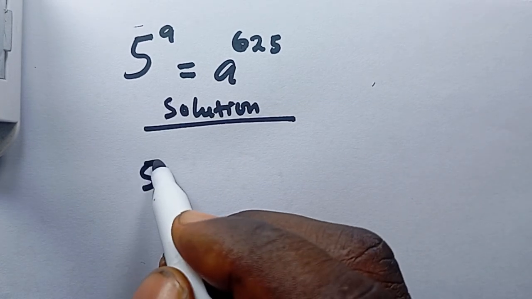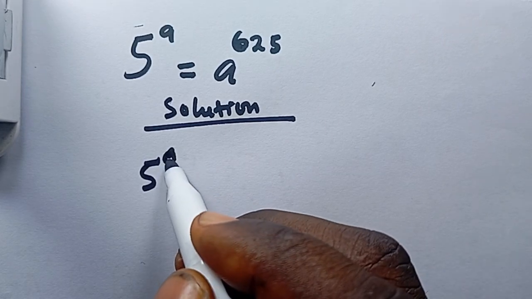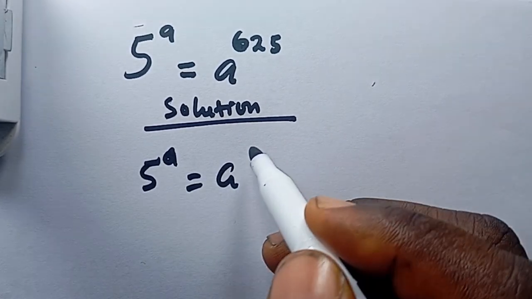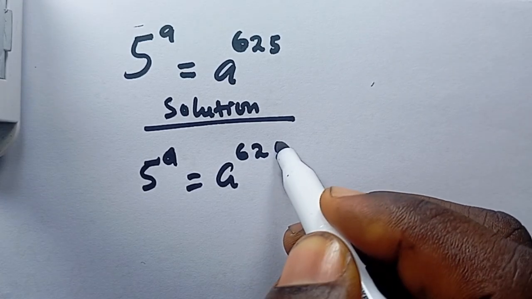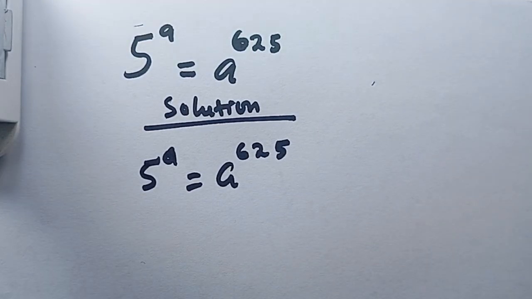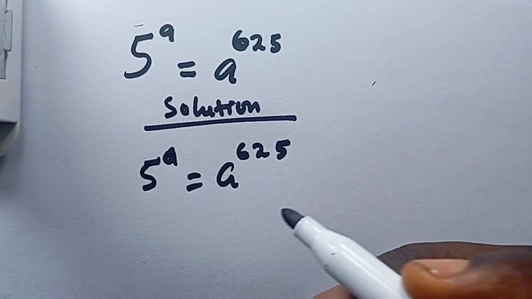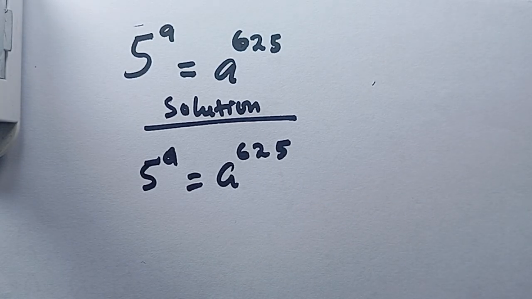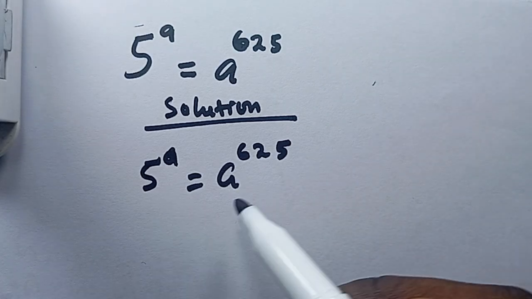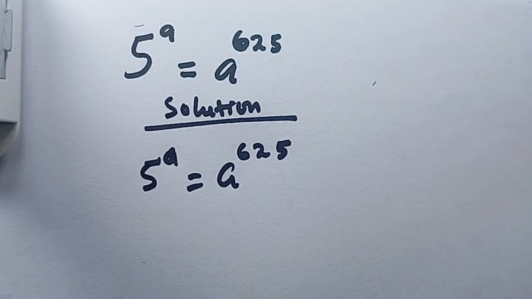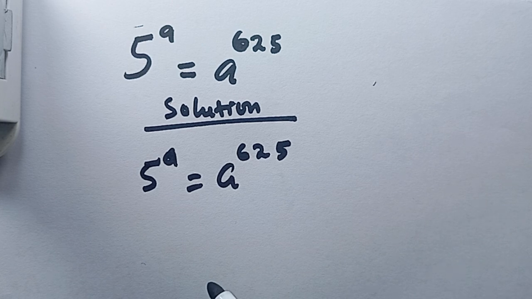Okay, so this is 5 power a is equal to a power 625. We are just going to proceed by finding a way to simplify this equation so that we group the terms, that is bringing like terms together.